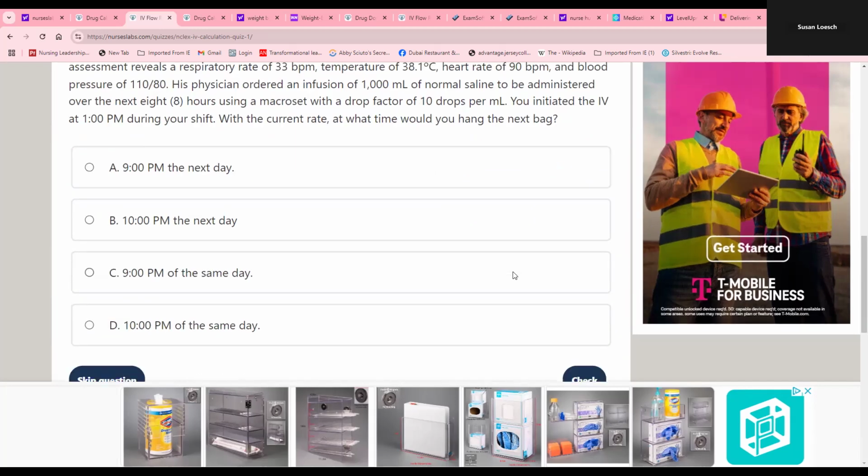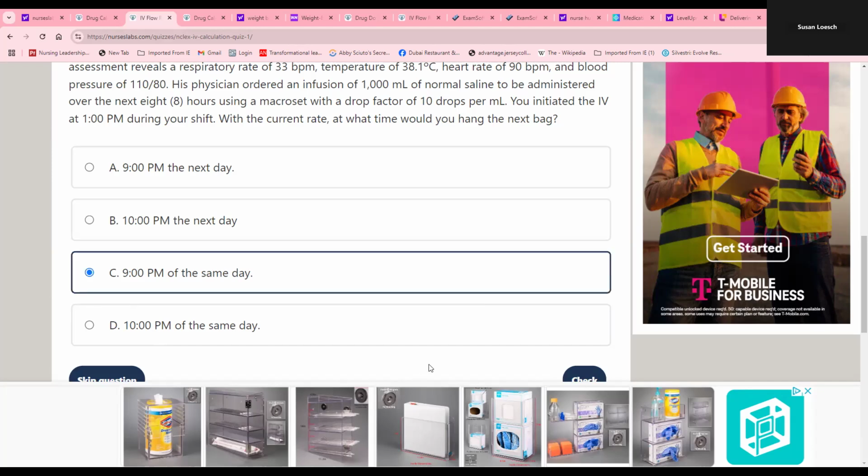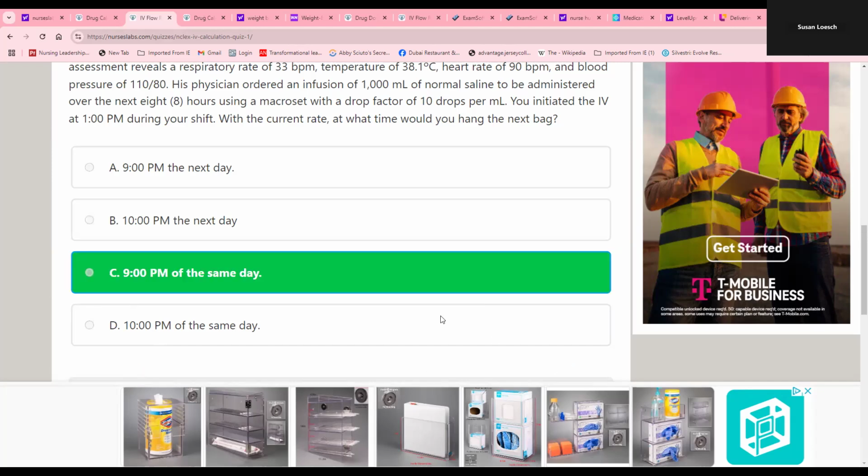So what do you think your answer is here? Okay. Anybody else get a different answer? Anybody have a problem with that one?